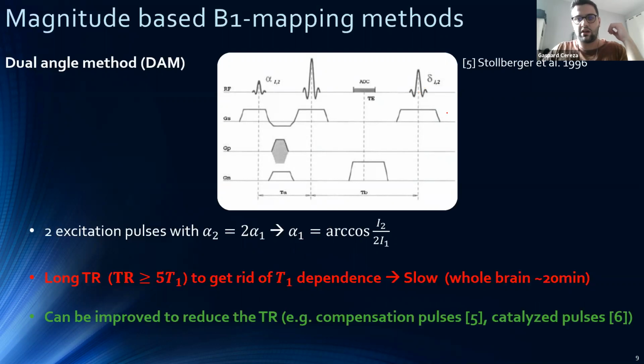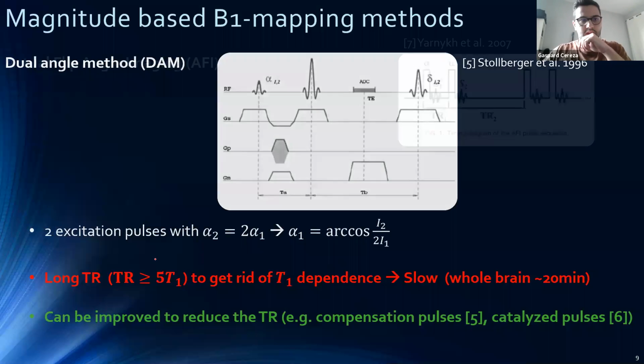That's what we can see here with those delta 1, 2, or catalyzed pulses that make the relaxation go back to an initial state where we will be able to do another repetition faster without having to wait for the 5 T1.